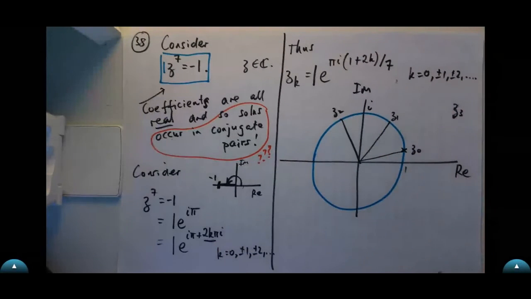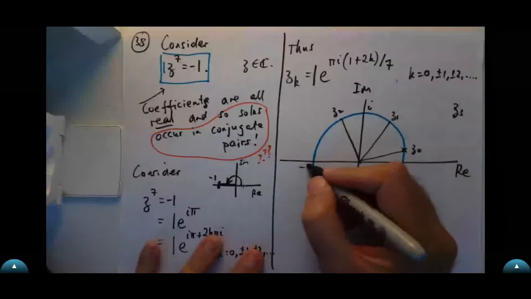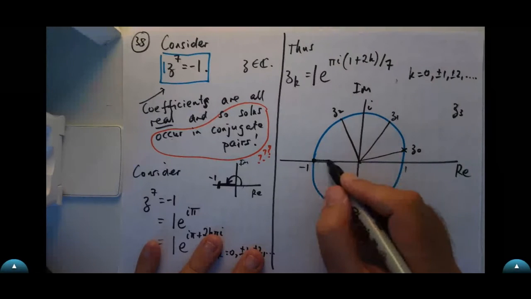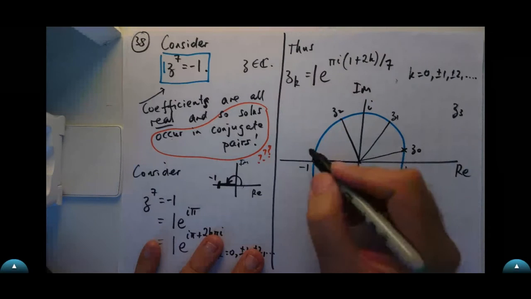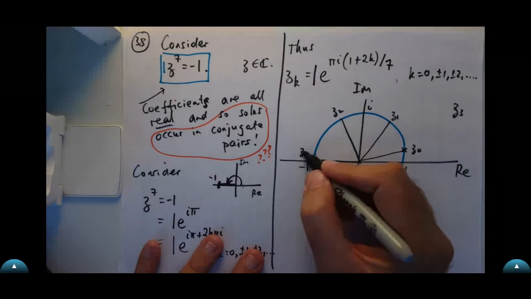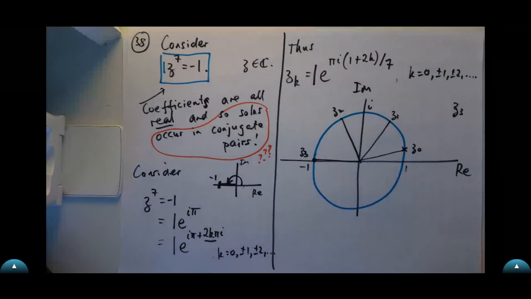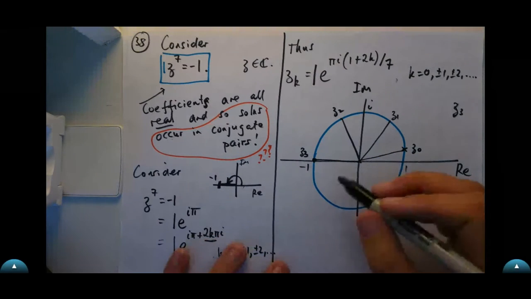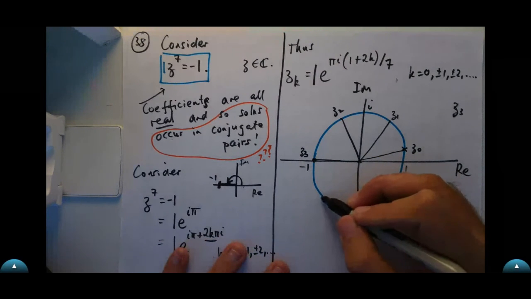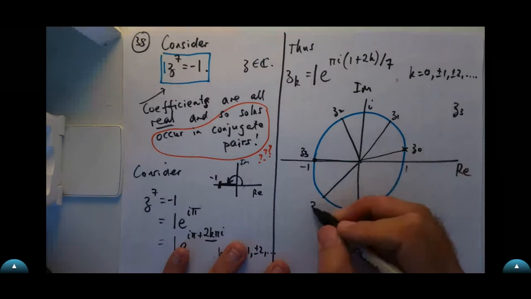Yep. And what's that, Abdul? Yes, Joyce is correct. It'll be over here, -1. Because you do half a rotation and you go out 1 unit. So that's z3. Okay. And so the other ones will be the same now. So this will be z4.